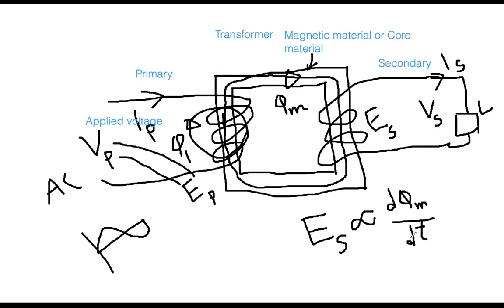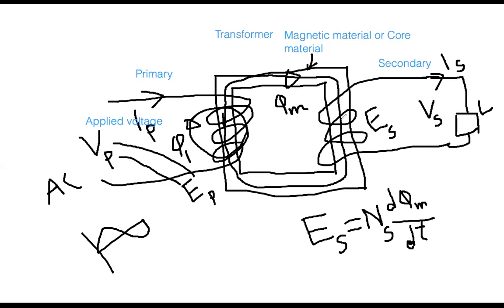Faraday's law of electromagnetic induction says that if you have a coil and there is changing flux, because it is alternating in nature, it is AC flux, consequently it is changing with respect to time, then there will be voltage buildup. So now you can omit the proportionality sign, and if you put the equal sign there, you have to put one proportionality factor, which is NS.